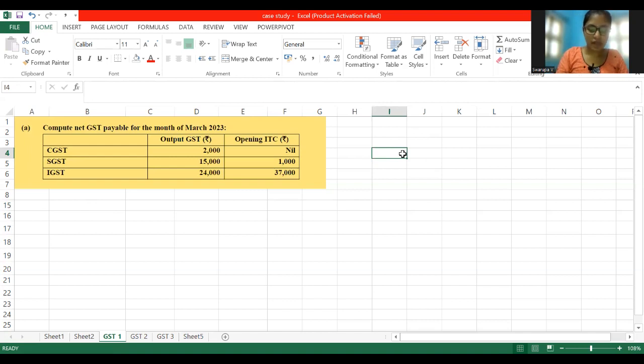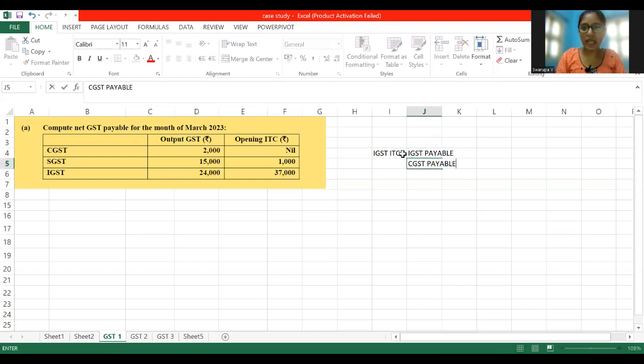IGST ITC can be adjusted first against IGST payable, then CGST payable and SGST payable. CGST and SGST payable according to the proportion we can adjust.